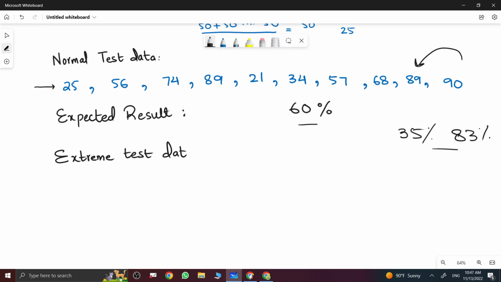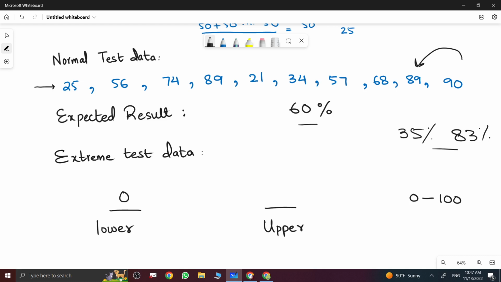Okay, remember that extreme test data is the one in which you are going to take the upper limit and the lower limit of your percentage mark. So the percentage mark range is from 0 to 100. So the lower limit is going to be 0. You cannot enter any value that will be less than 0 or any negative number.